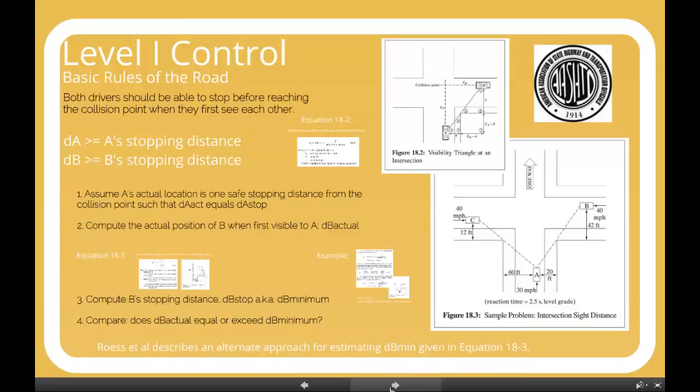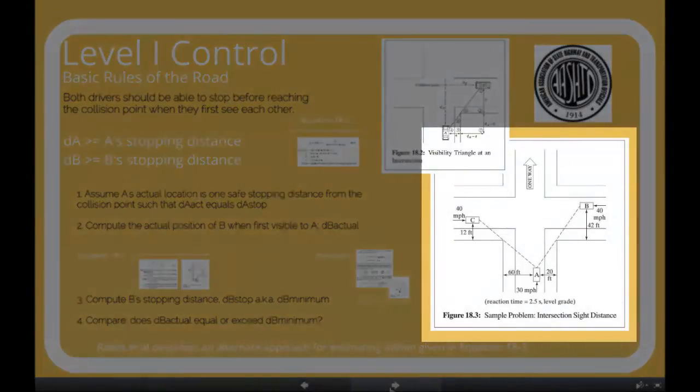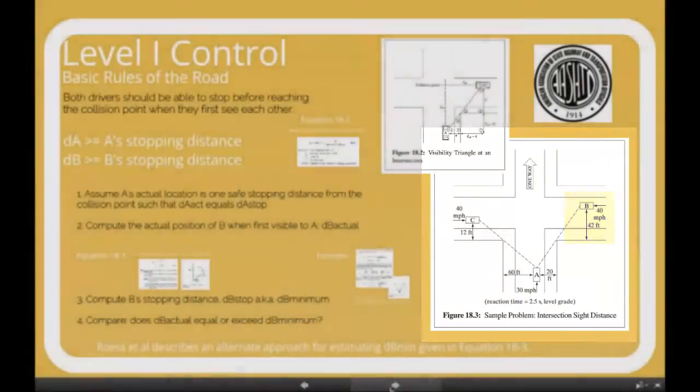Let's see how the steps work in the context of the example problem, where A's speed is 30 miles per hour and the A driver is 20 feet from the obstruction, where B's speed is 40 miles per hour and the B driver is 42 feet from the obstruction.